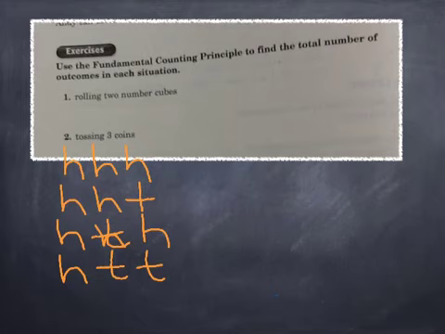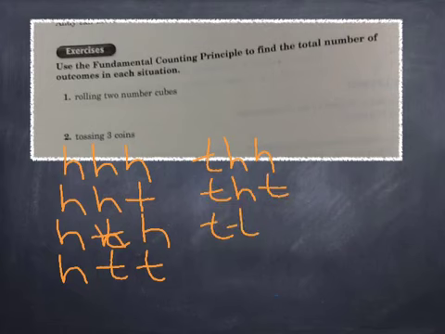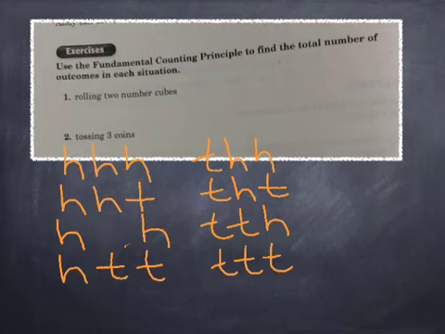Or I can get tails, heads, heads, tails, heads, tails, tails, tails, heads, or tails, tails, tails. So these are the different outcomes of tossing 3 coins.